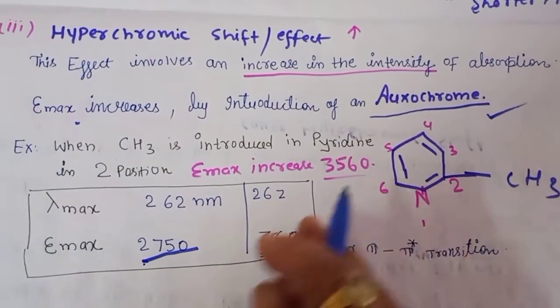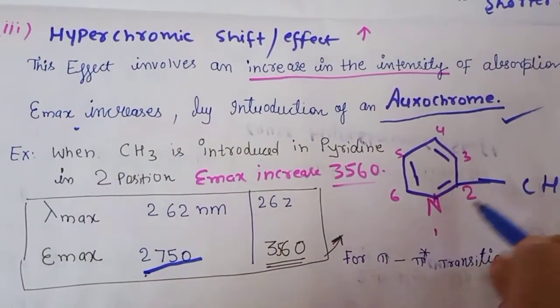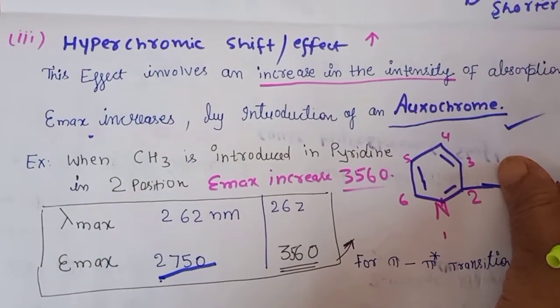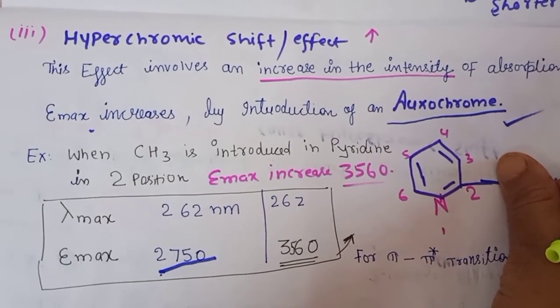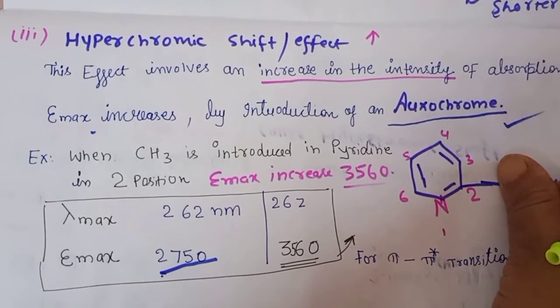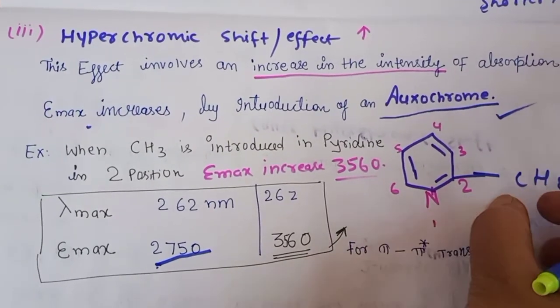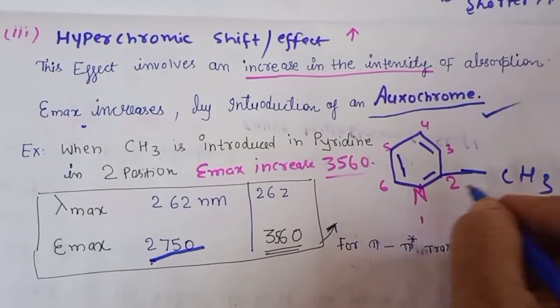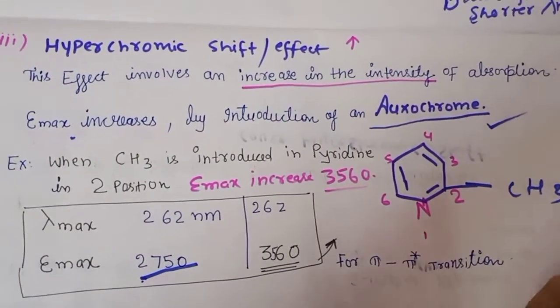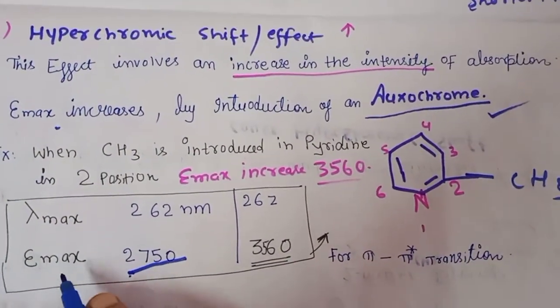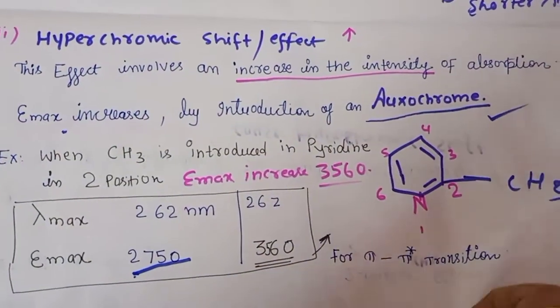Now you are getting, in the pyridine, if we are just seeing alone, the value is 2750. But if the methyl group is introduced at the second position, with this nitrogen, this methyl group is acting as an auxochrome. This can increase the value of our Emax. So the intensity of the absorption also increases.